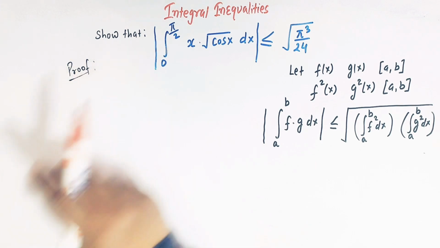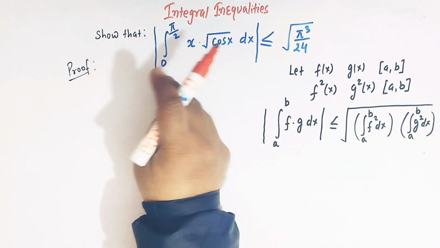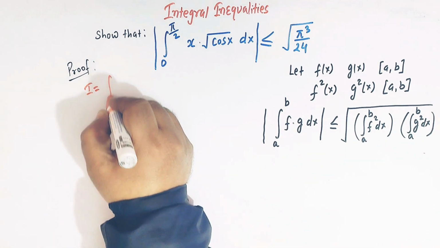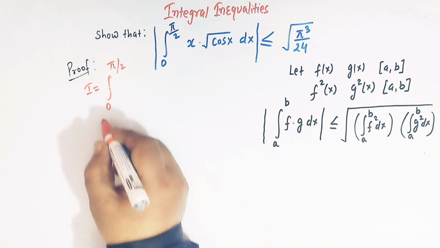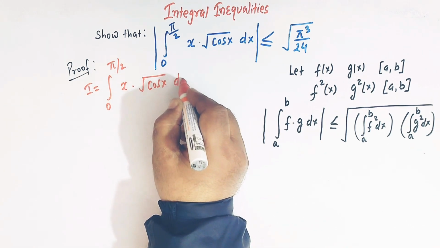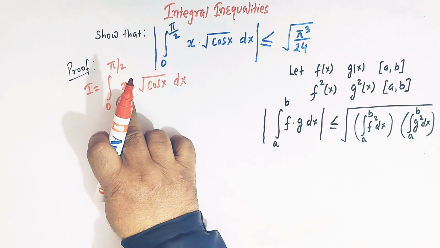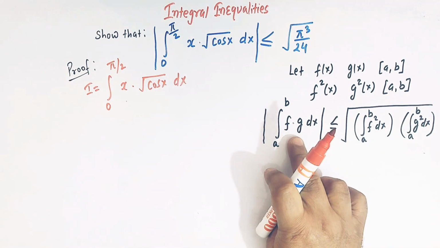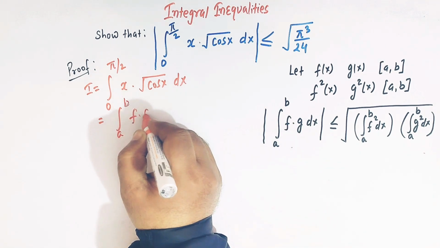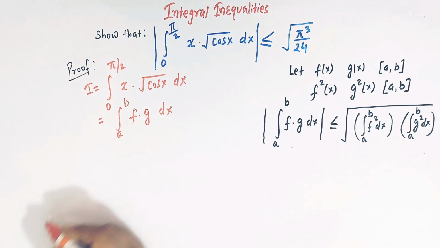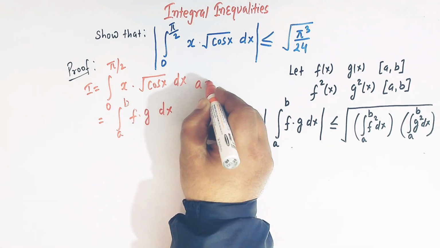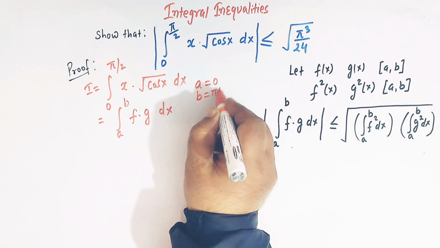So let us first denote this integral, which is inside the mod function, by I. So I is the integral from 0 to pi by 2 of x times square root of cos x dx. Now if we compare this integral with the integral from a to b of f times g dx, we can easily see that a is 0, b is pi by 2.